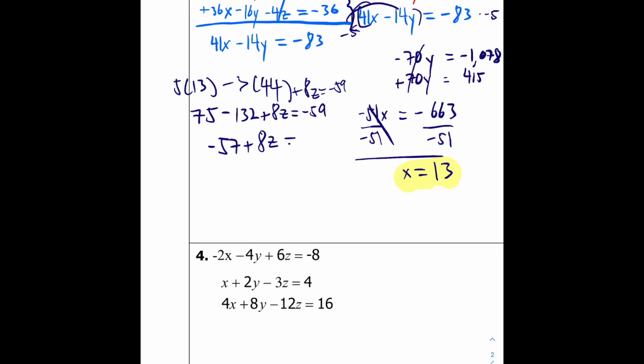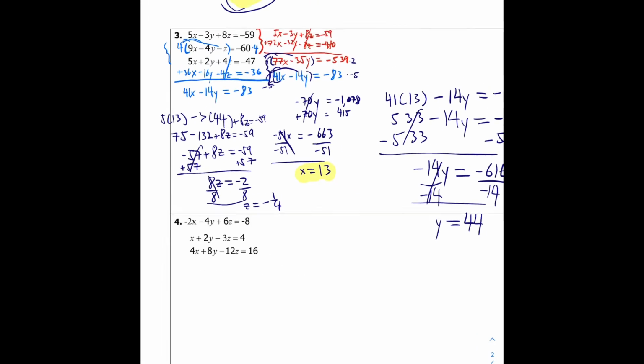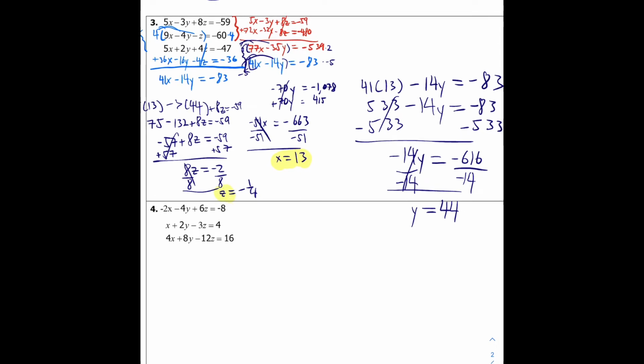Plus 8z equals negative 59. Add 57 to both sides. We get 8z equals negative 2. Divide by 8, divide by 8. We get z equals negative 1/4. So these are our 3 variables. That's our z, there's our x, there's our y.